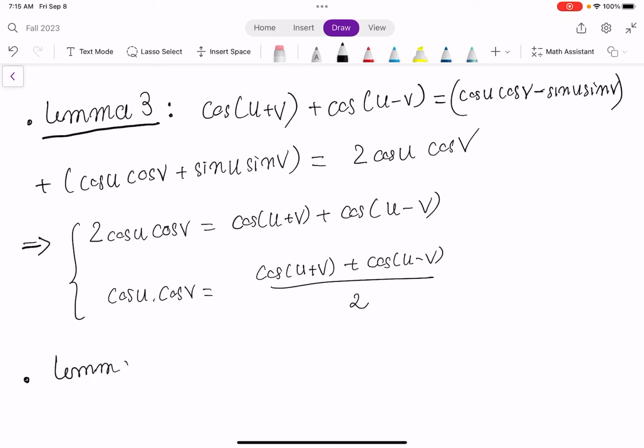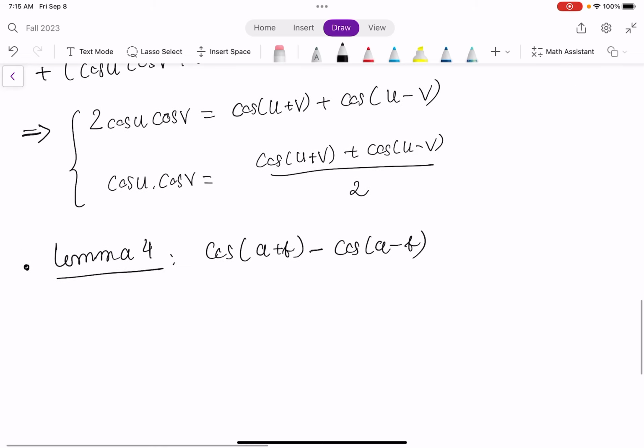So lemma 4. What is our lemma 4 going to be like? Cosine of a plus b minus cosine of a minus b. Yeah, we're interested in these. So let's go ahead and see what we can achieve from here. Cosine of a plus b minus cosine of a minus b equals, my bad.